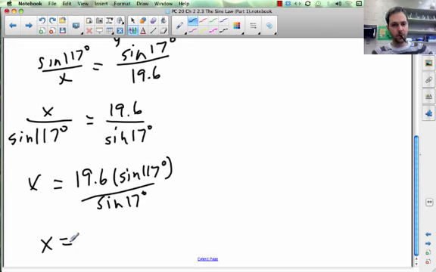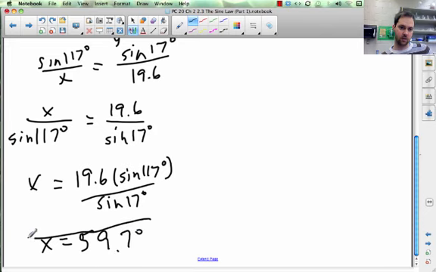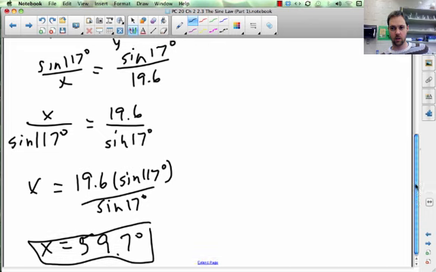So punch it into your calculator here. 19.6 times sine 117 equals, okay, now we want to divide that by the sine of 17, and we get 59.7. So x, your angle, is 59.7 degrees. That one's done.